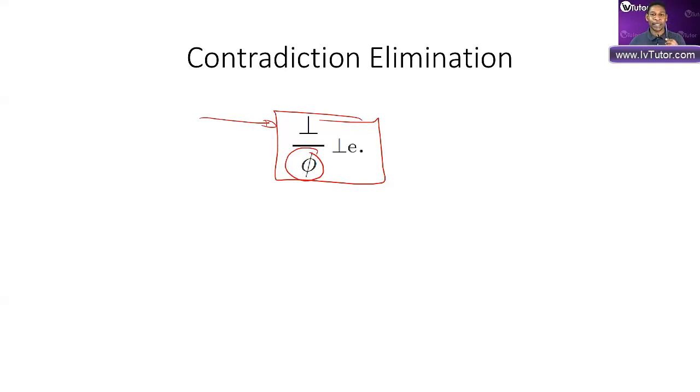If you are told that this is a pen and you're also told that this is not a pen, then what is the truth? If someone comes and says that this is a car or this is a pencil, you have no basis of refuting it. So when you have a contradiction, then anything becomes true.